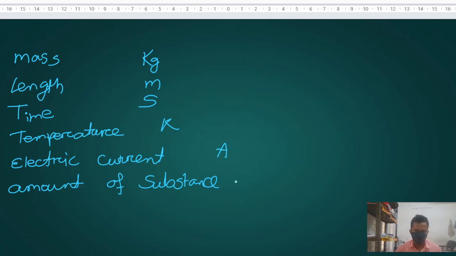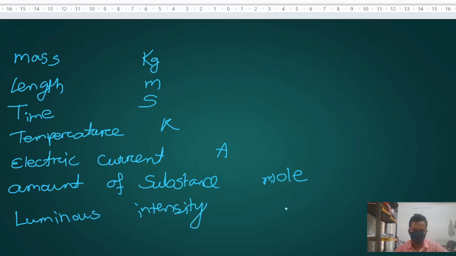Amount of substance is mole, and then luminous intensity, which is measured in a unit called candela, written as cd. So we have 7 fundamental quantities.